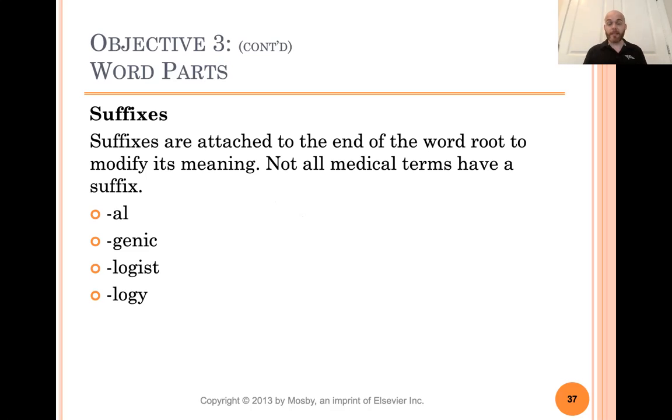Log is the study of that bodily part or function. So you can say oncologist is a doctor that studies tumor, and oncology is the act of studying tumors. Oid just means pertaining to. Oma can mean an opening. And then these are just connecting vowels.